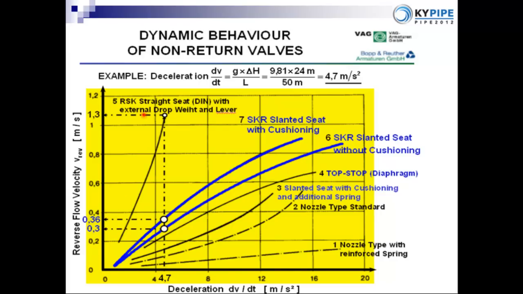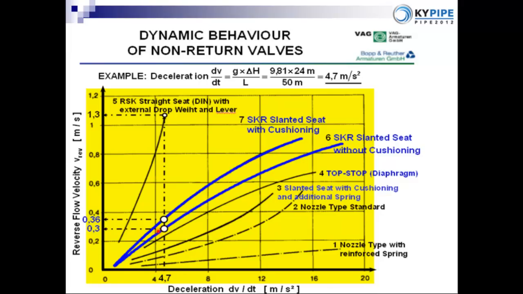If you look at some of these graphs, this is what is called a straight seat swing type check valve, with a 90-degree drop, and these are inclined seats. The disc doesn't travel 90 degrees, maybe about 50 or 60 degrees of travel.